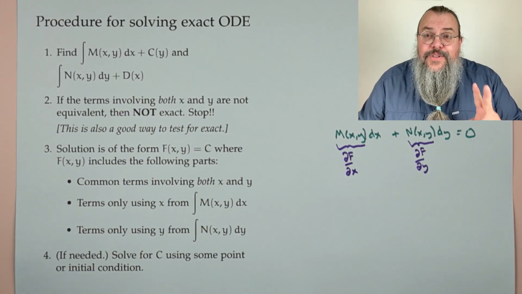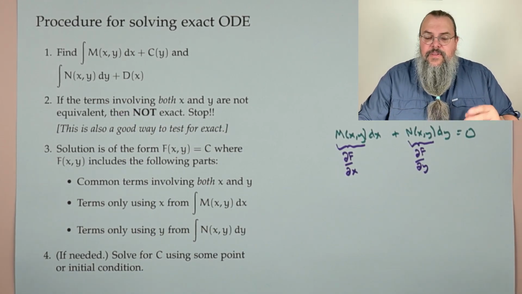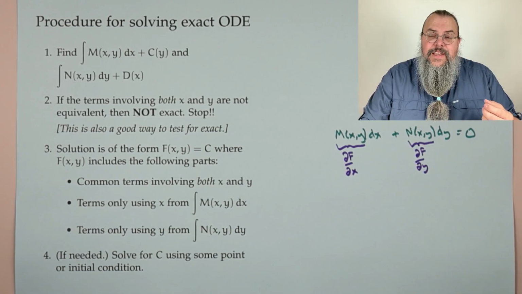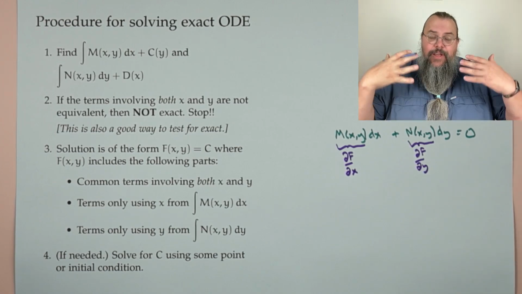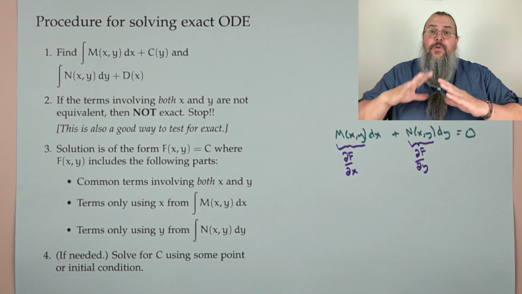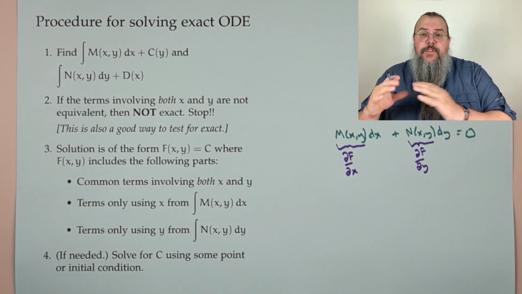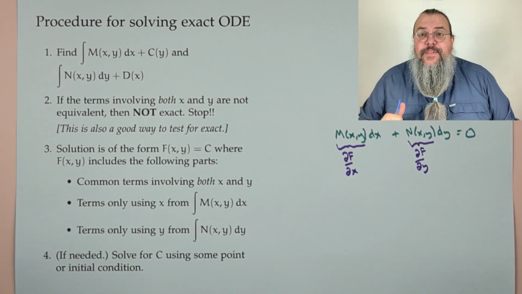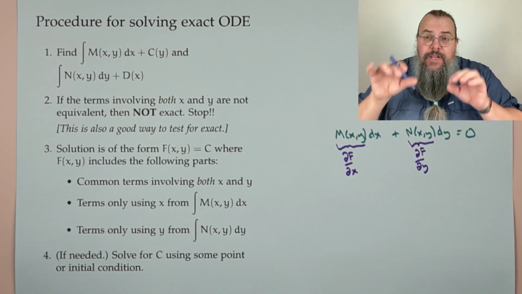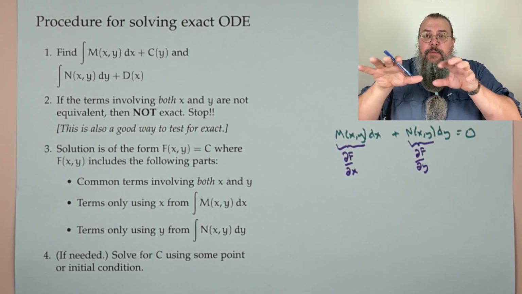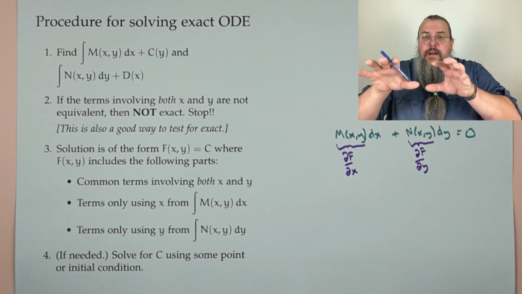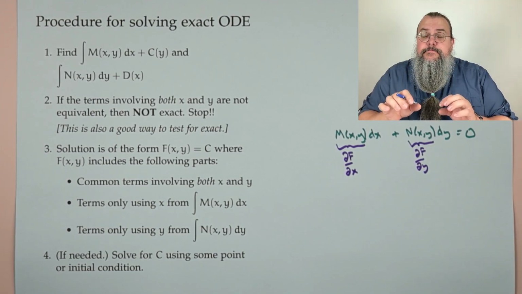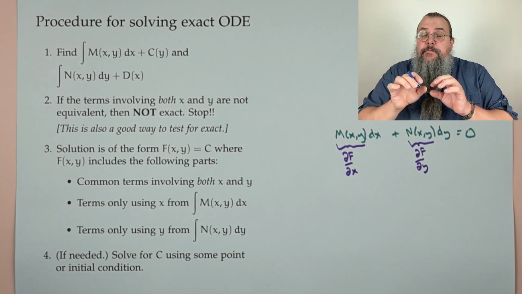Now, an important step, step 2. This is a test, and it says, is this going to work? When we integrate, we're going to get a bunch of terms. When I say the word term, I think of pieces separated by pluses or minuses. We look at the two integrals and pull out the terms which depend on both x and y at the same time, and compare.